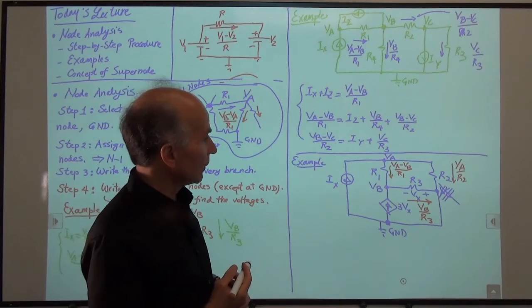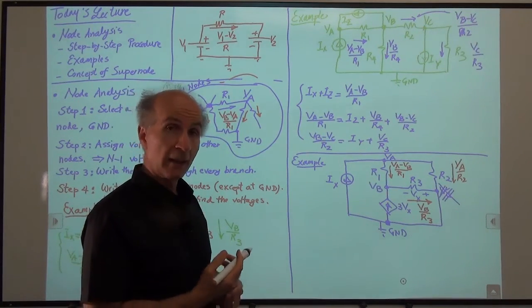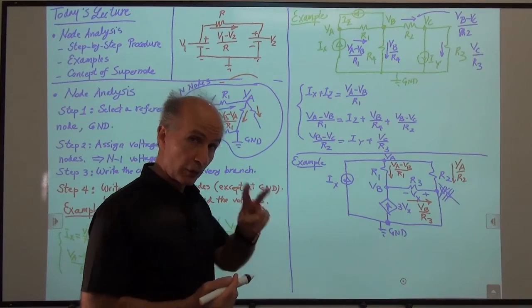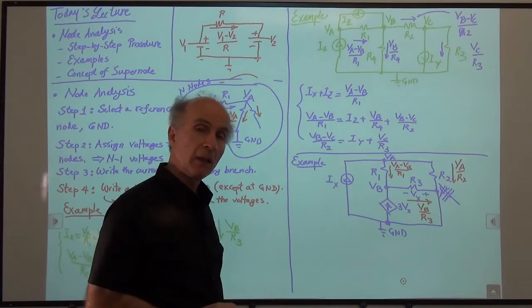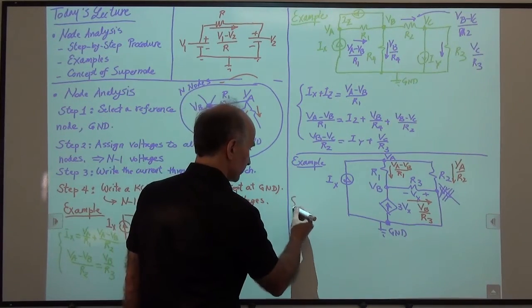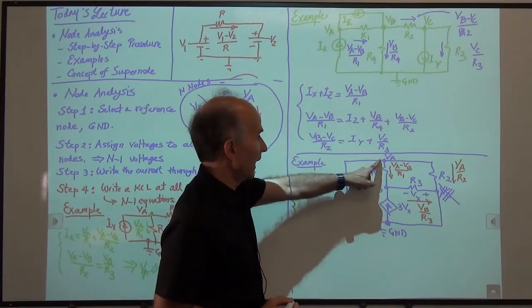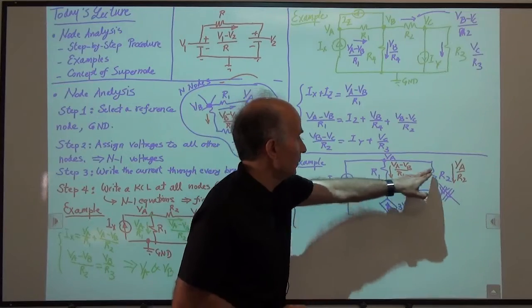Okay, so I have found all of the branch currents, and now I can go ahead and write a KCL at each of these nodes. Only 2 nodes, right? The other one is ground. We don't write the KCL at ground because it doesn't give us any new information. So let's write 2 equations here. The first equation is at node A. Which current is coming in? Ix is coming in. These 2 are going out.